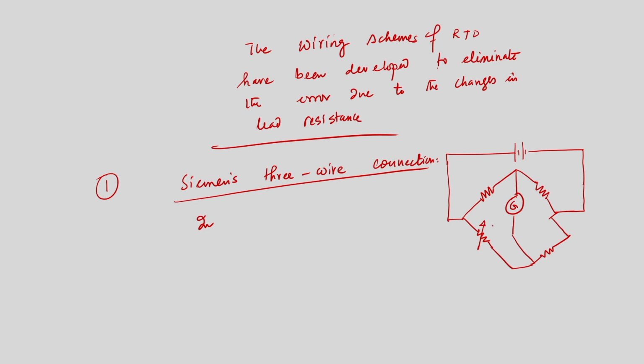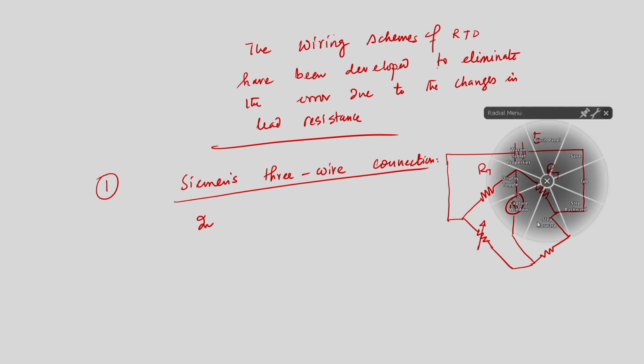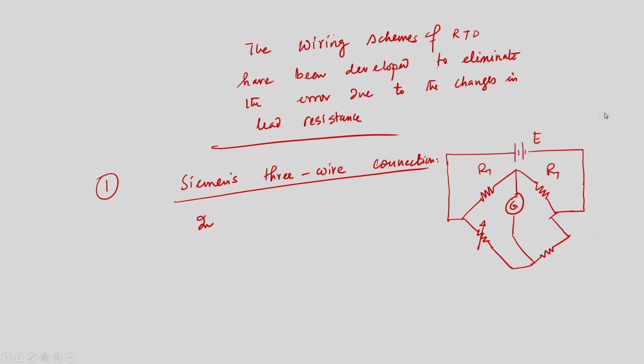So this is E, this is RT, this is RT, this is RB, and this is the RTD.